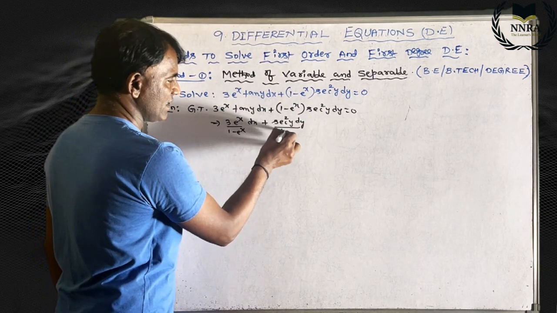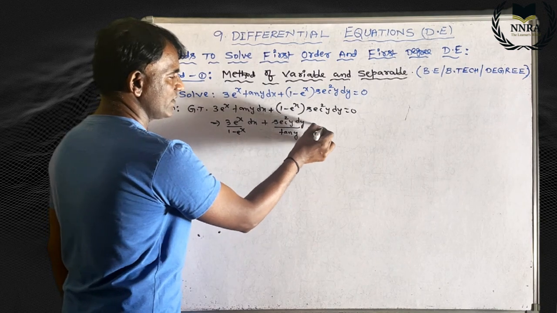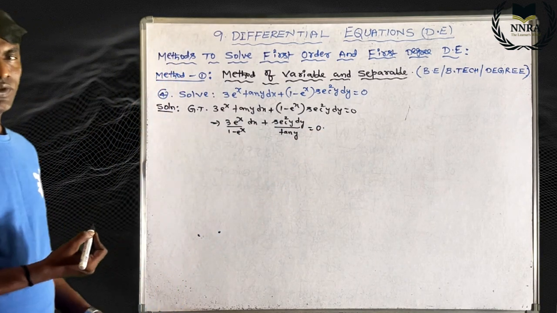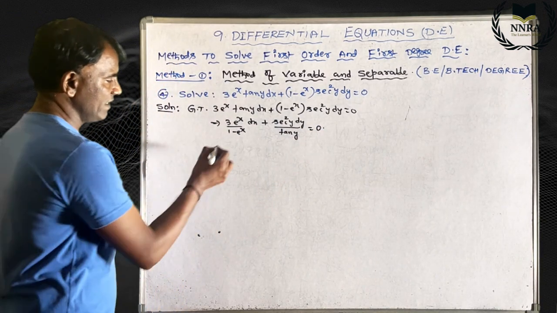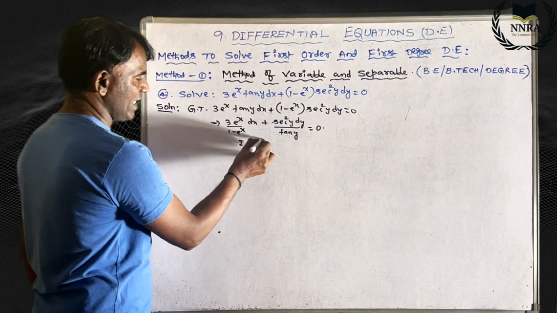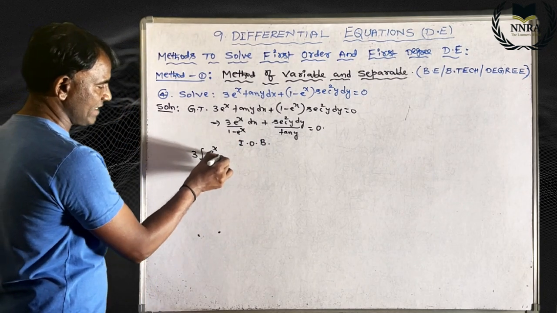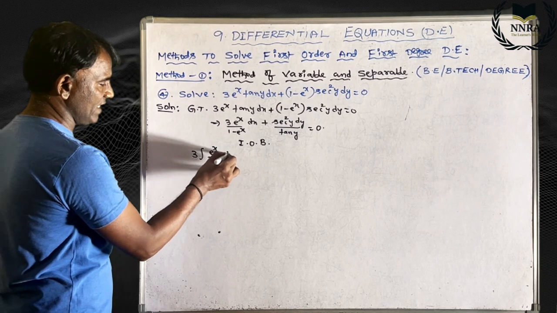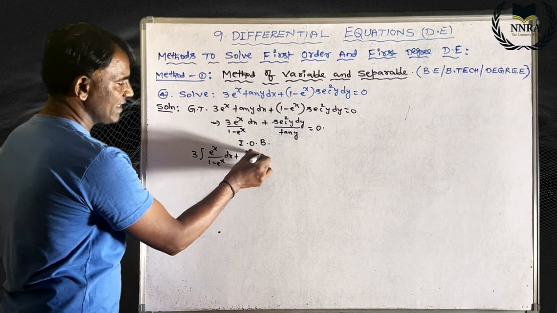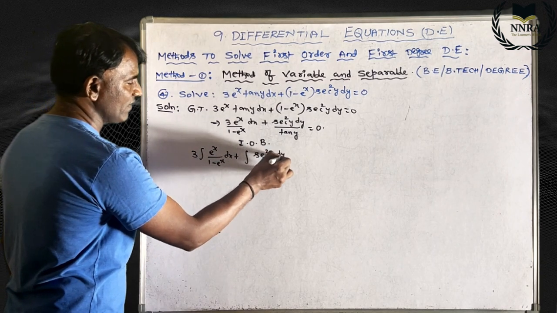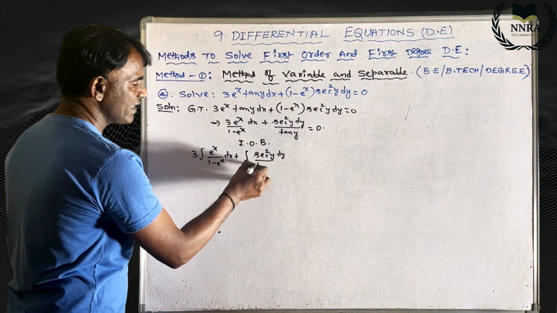Then we'll get it in the denominator, equal to 0. Now both are separated, then integrating on both sides. Then 3 into integral e power x by 1 minus e power x dx. Second one, integral secant square y into dy by, what is that?